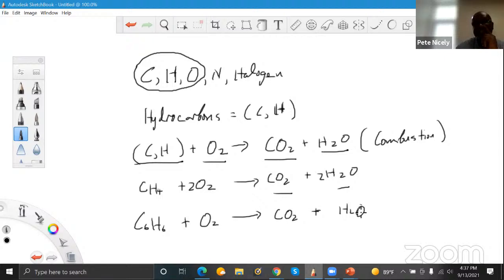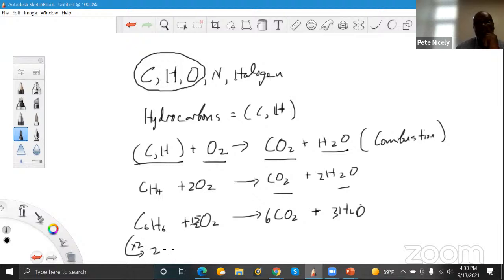Okay, so again, we have to balance this equation. Therefore, we need a 6 here. We need a 3 here. So that's 6 times 2, 12, plus 3, 15. So we're going to need 15 over 2 here, but of course, we cannot leave it like that. So we would have to multiply this equation by 2.